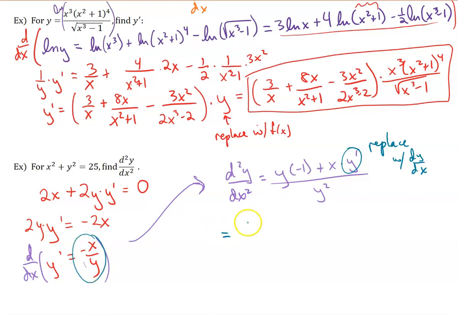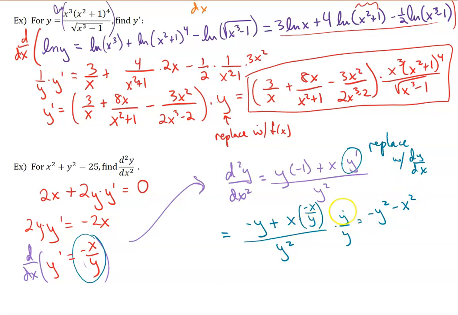So we get y times negative 1 plus x times negative x over y, we'll clean that up in a second, all over y squared. And to simplify this, again, I'm going to multiply top and bottom by the least common denominator, which is y. So I get negative y squared minus x squared, because that y cancels, all over y cubed. And this is my second derivative.